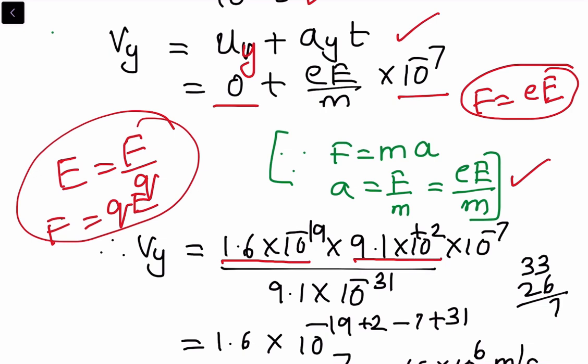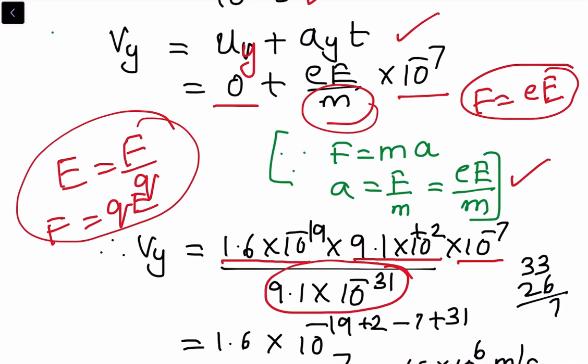Why? It is volt per centimeter they have given. So when the centimeter is 10 to the power of minus 2, which comes to the numerator, it is 10 to the power of plus 2. And time is 10 to the power of minus 7, which we got earlier. And m is the mass of the electron, which is 9.1 into 10 to the power of minus 31 kg.